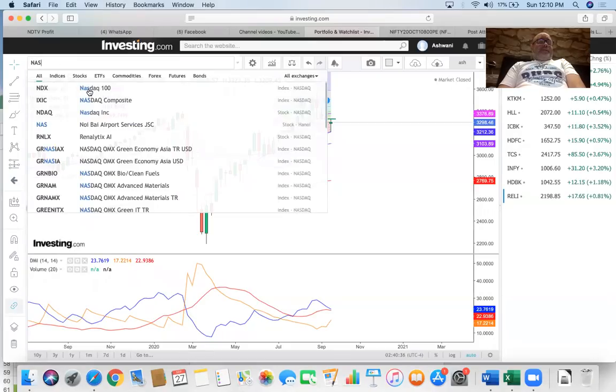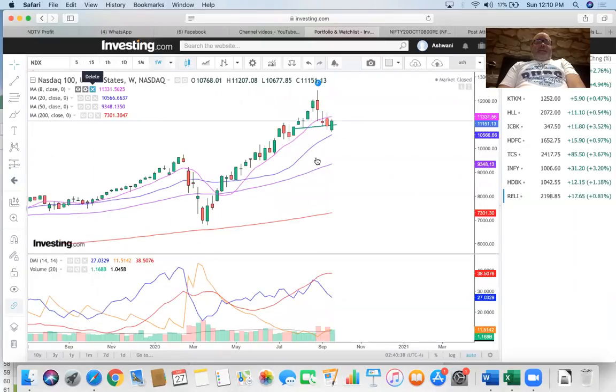Nasdaq, again upside on the weekly, but still not convincing enough to tell you that a bottom has been hammered in. So that should be it.